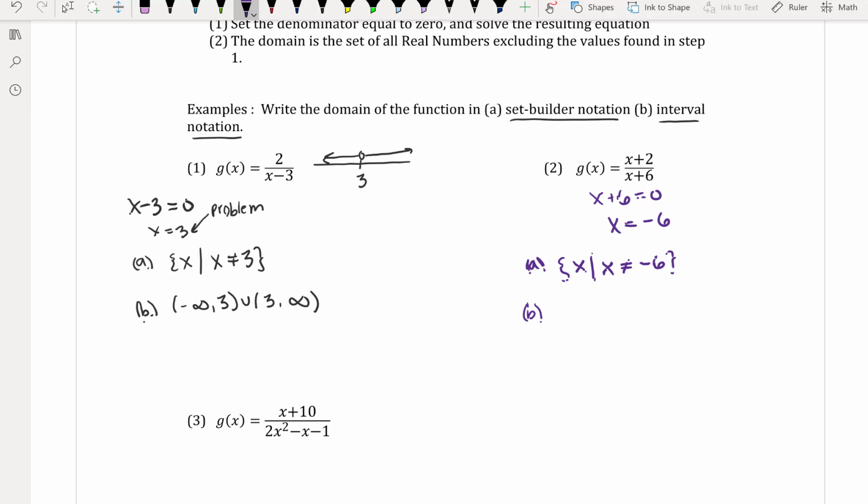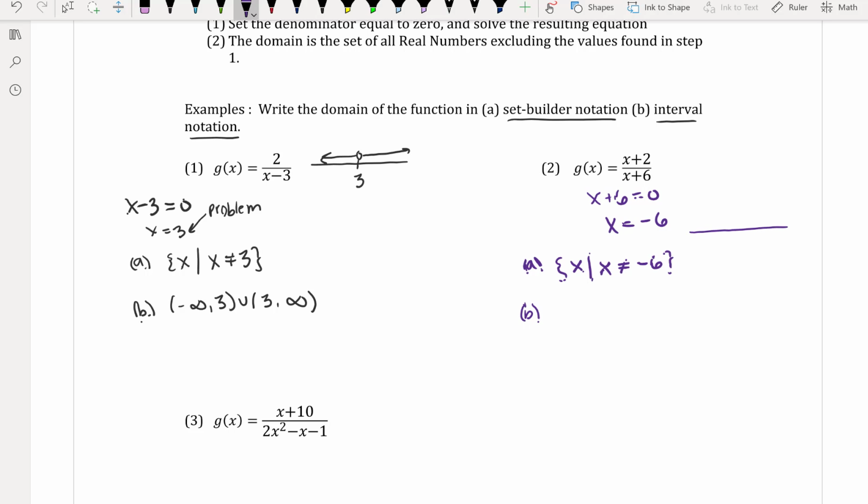Visually, if you want to see it, it's all of the numbers except at negative 6. So I'm going to go from negative infinity to negative 6, union negative 6 to positive infinity. Okay, and so that's going to be my answer.